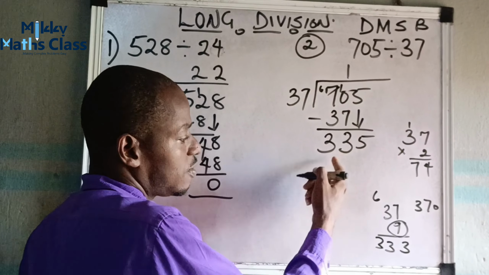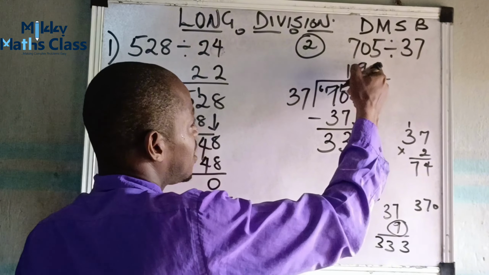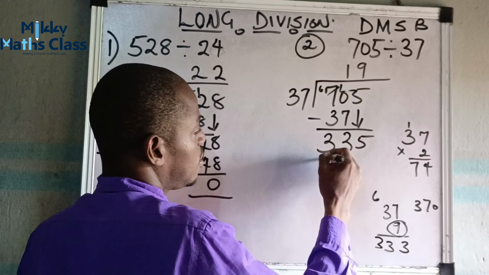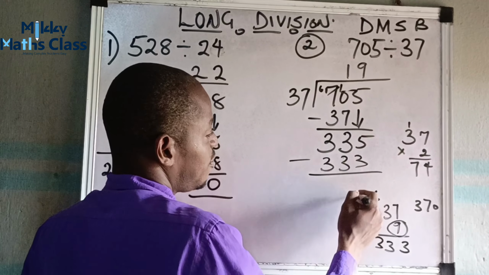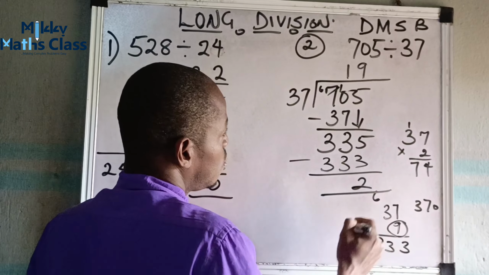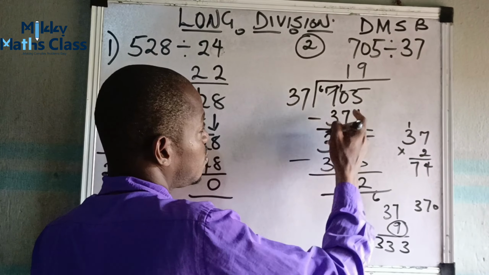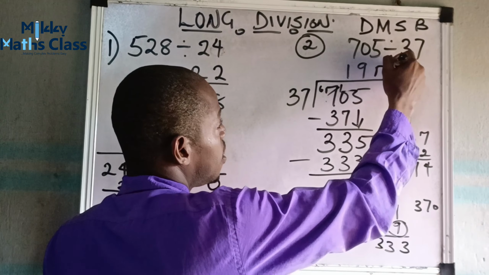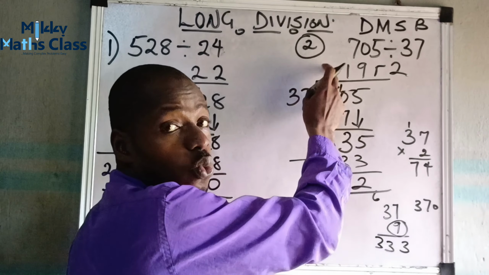So 37 in 335, that will give us 9. So we put the 9. 9 times 37 is 333. We'll subtract 5 minus 3, that will give us 2. So we have 705 divided by 37 is 19, remainder 2. So this is our remainder, this is the quotient.